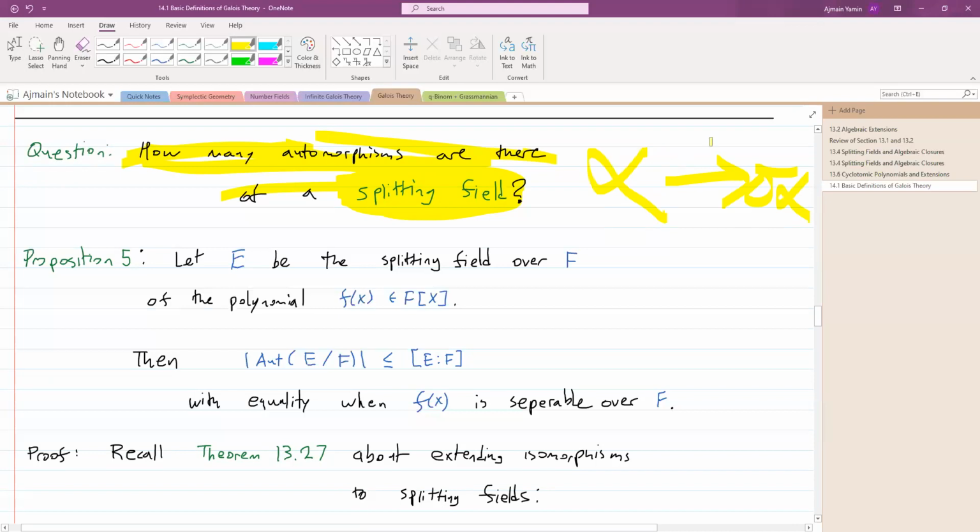So it takes alpha to its conjugates, and there are finitely many options. The splitting field gives you every single option, right? So if you have alpha, then you have all of the conjugates of alpha as well, because it's a splitting field.